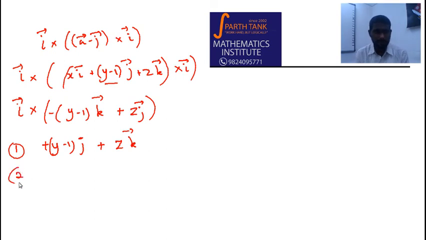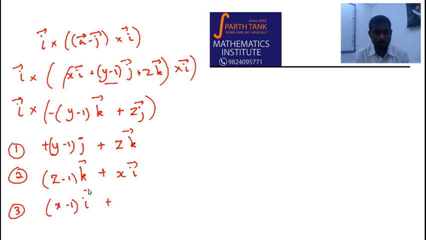The second term, cycling it, you write cycle i by j, j by k, k by i. So j becomes k, y becomes z, and this can become x. This is i. The third term, cycling again, you get (x minus 1)i, all vectors, plus xyj, right?